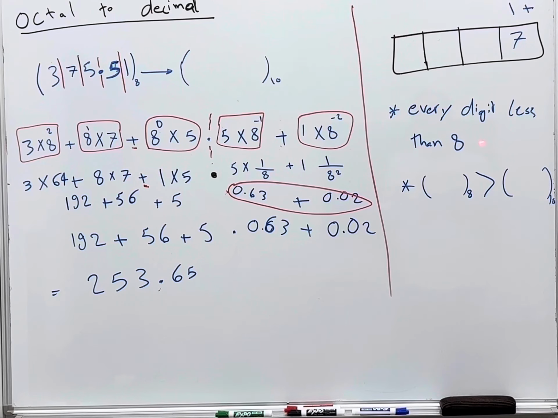It folds at 7, like we just showed in that example. When you add 1 to 7, it's way easier to jump to the next bit in octal than in decimal. This one looks bigger than this one, but actually it's the same, because this one is 8 in the octal system and this one is in the decimal system.